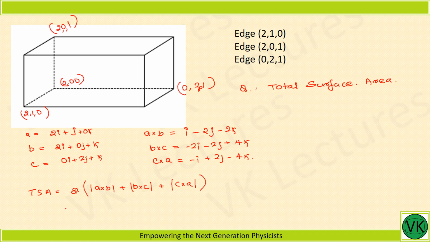Now that's equal to 2 times root of 1 square plus 2 square plus 2 square, that is 9, plus root of 4 plus 4 plus 16, that's 24, so root 24, plus root of 1 square plus 4 square plus 2 square, 21.